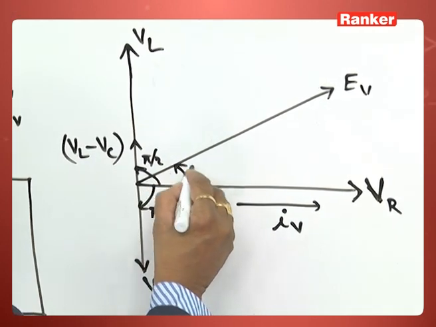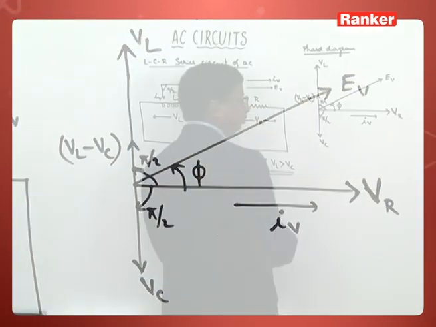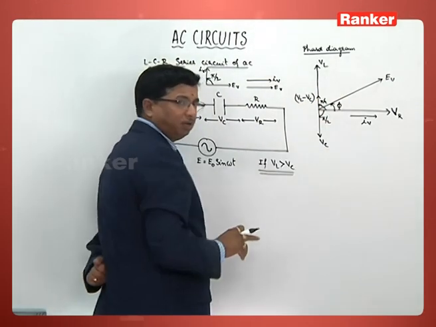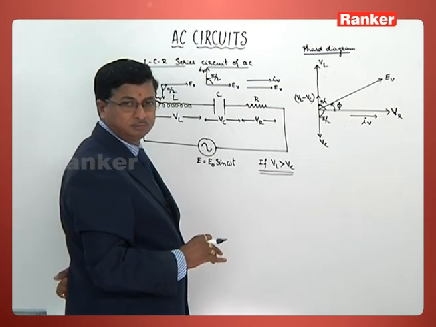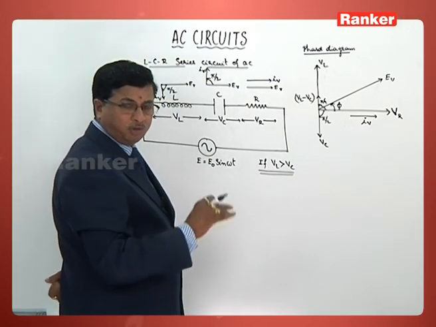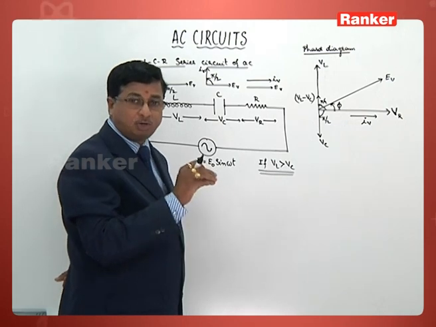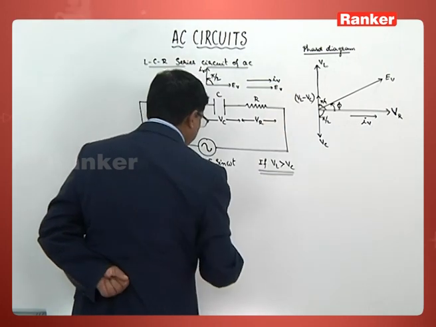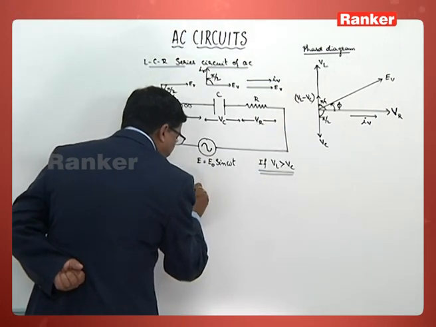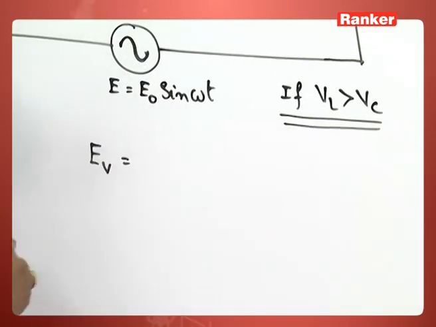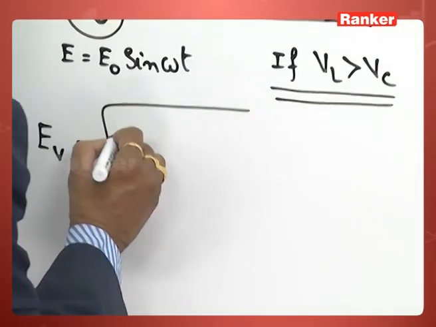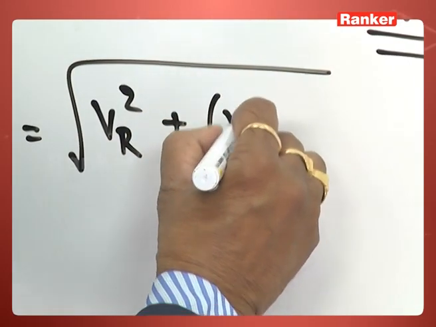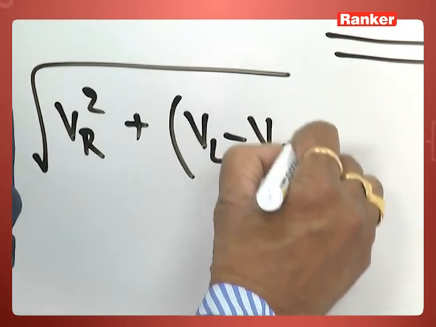This angle, let us consider this one to be phi. Then what would be the value of virtual EMF of AC? Virtual value of EMF we just want from this phasor diagram. I can write E virtual is equal to root over VR square plus VL minus VC whole square.